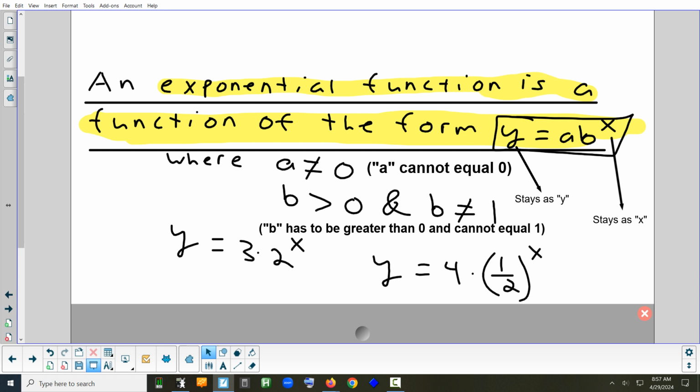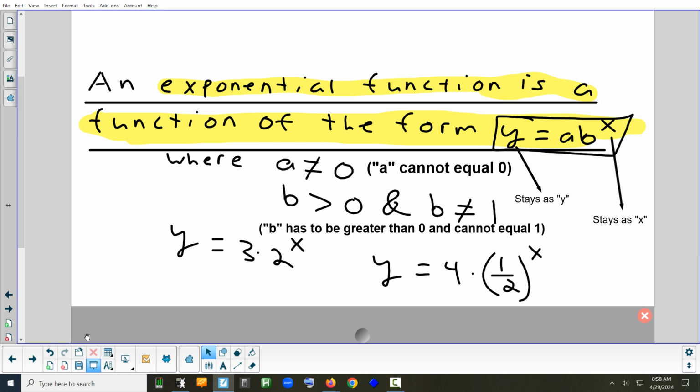So there's a couple examples, and I'm going to type those in on the calculator so we can see them. But these are examples of exponential functions. Now, I haven't really taught this part yet, but one of those is growth, and one of them is decay. Does anybody think they know which one would be which?